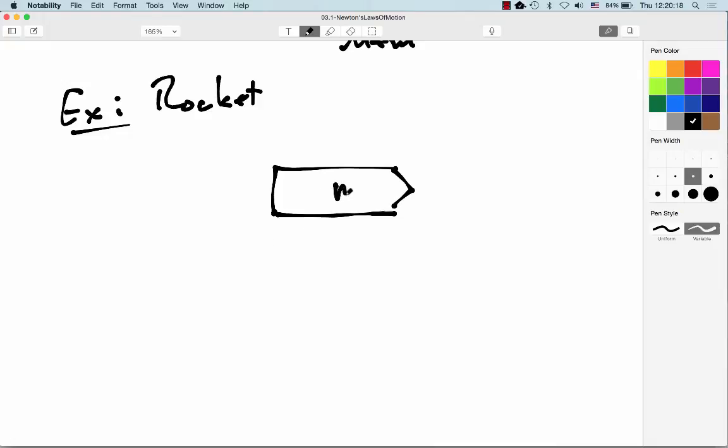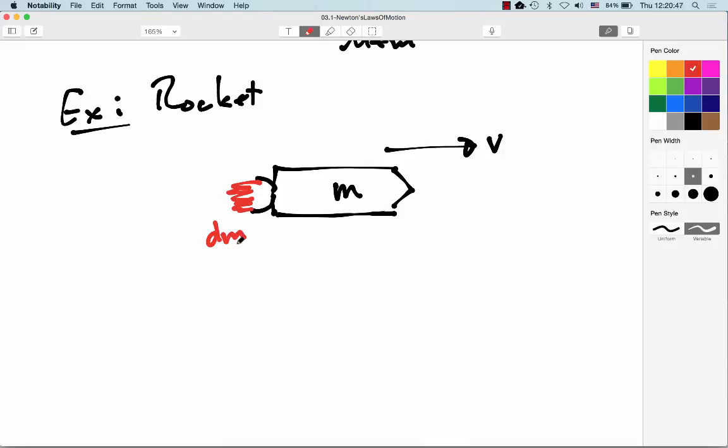We'll say that the mass of the rocket at the moment is m, and it's going at speed v at the moment. Here's my rocket motor. We're going to have exhaust coming out of the rocket like so. At any given moment, the mass of that exhaust will be dm.